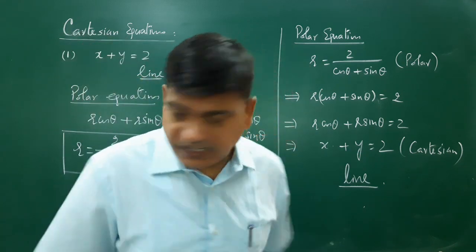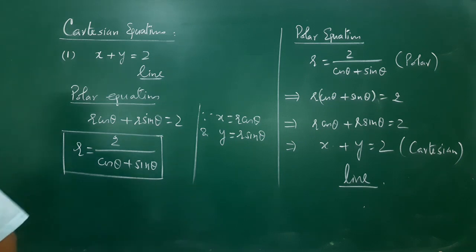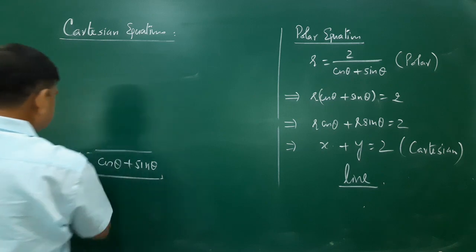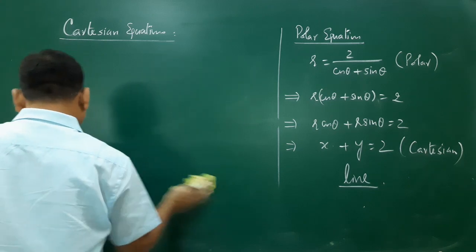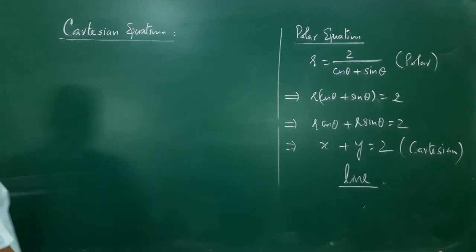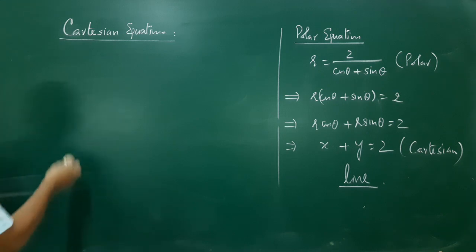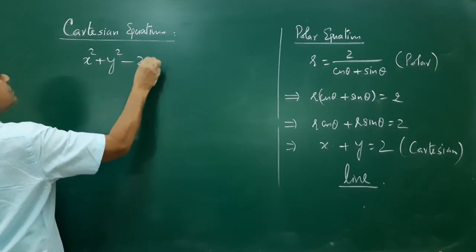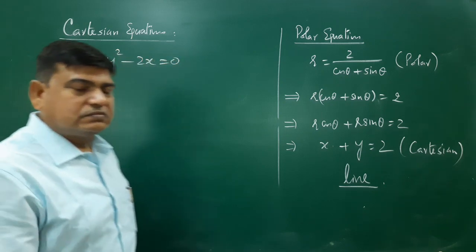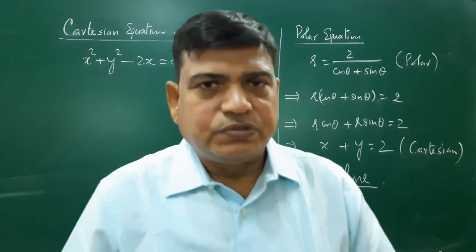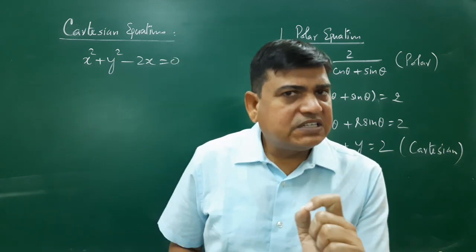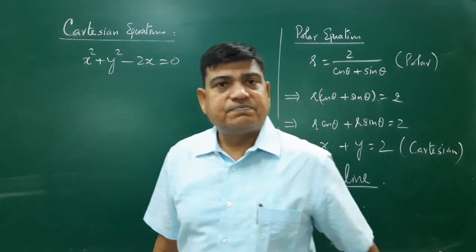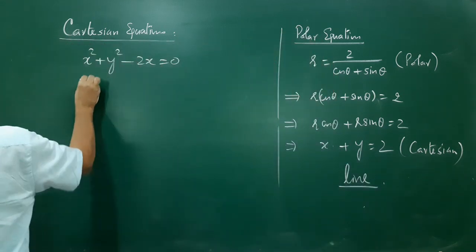One more example you see. x square plus y square minus 2x equals 0. If you go through my coordinate geometry video, then you can recognize what this equation represents.